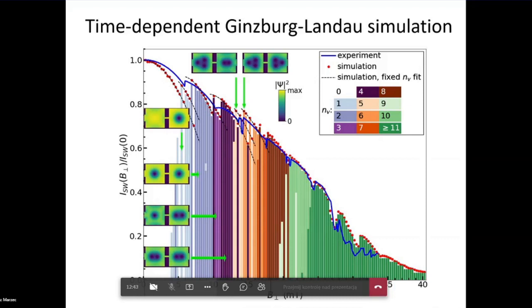Sometimes we actually see suppression. So you see here we don't have growth, but a decrease of the current, and so the characteristic is richer. And I will argue, and I am quite convinced now with this interpretation, that this is due to dissipation, which is not taken into account in Ginzburg-Landau simulations.